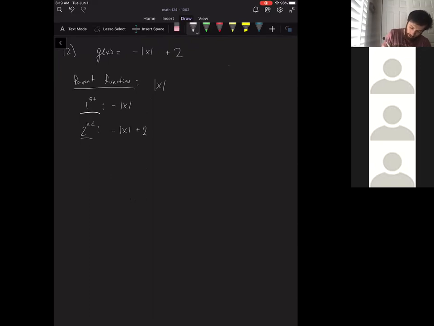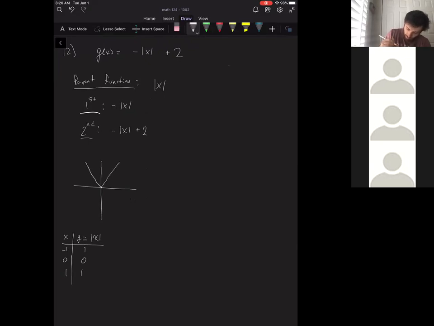So starting with our parent function, we can make an xy table for this one. Let's do x, y is equal to that. If you plug in minus 1, the absolute value of minus 1 is 1. If you plug in 0, the absolute value of 0 is 0. If you plug in 1, the absolute value of 1 is 1. And also, something to have memorized, the general shape is a V shape for the absolute value of x.